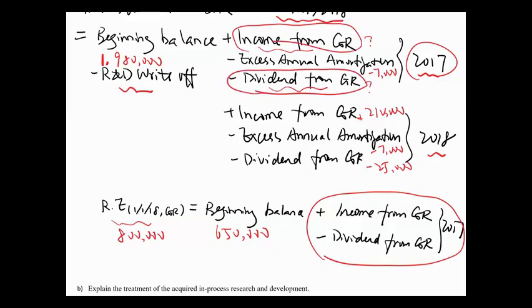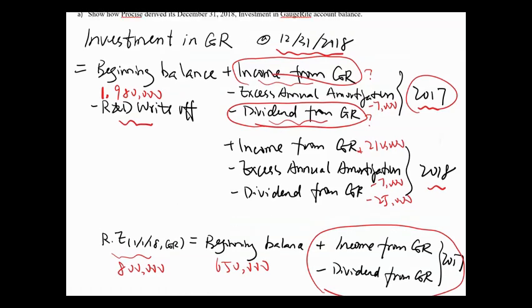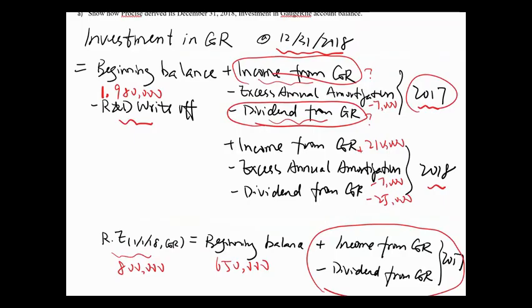Once that is solved, we have the values of all of the variables in this equation, and that's how we get the balance of the investment at the end of 2018.